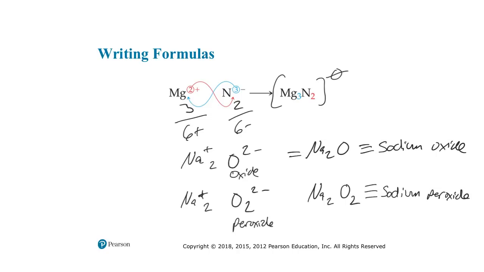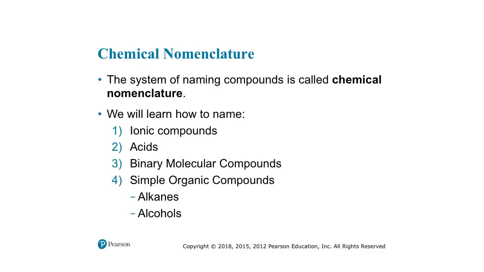So nomenclature is going to be a big part of this chapter, and it's going to help us recognize different types of compounds through our task of trying to learn how to name them. We're going to go through the types of compounds and learn a systematic approach for naming. Ionic compounds, we'll go through acids. Acids we will recognize as anions, where H+ has been added onto them.